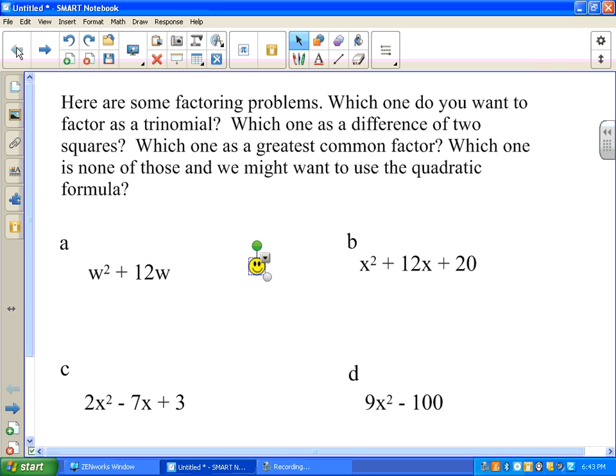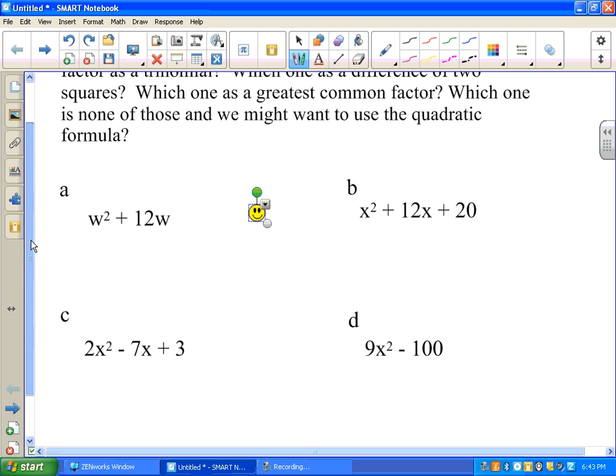Here's some factoring methods. I recognize this as a GCF, greatest common factor, because they both have a W term in it. I recognize this one as a trinomial because there is no leading coefficient in front of the x squared. Or I apologize to those people who are in for detail.